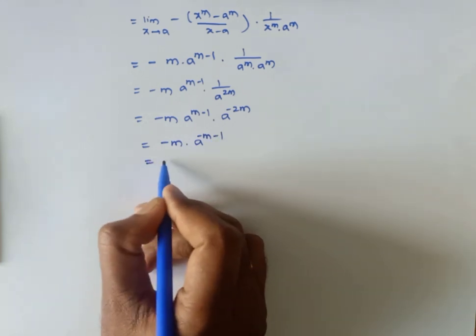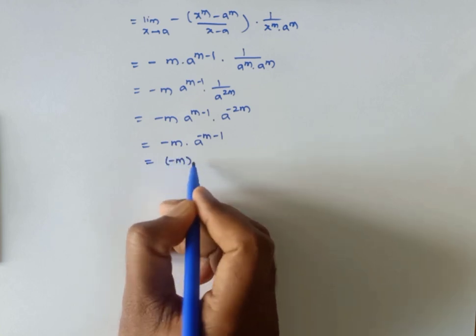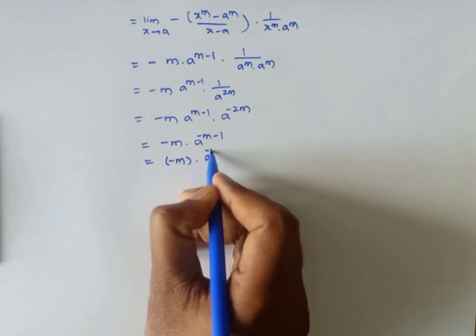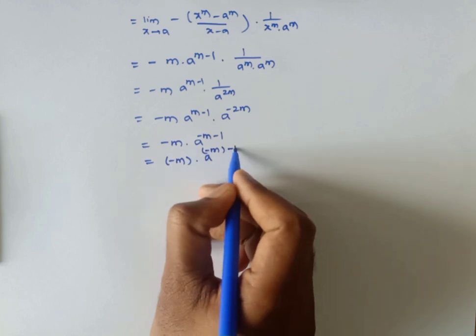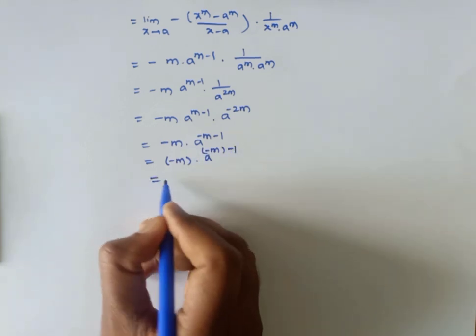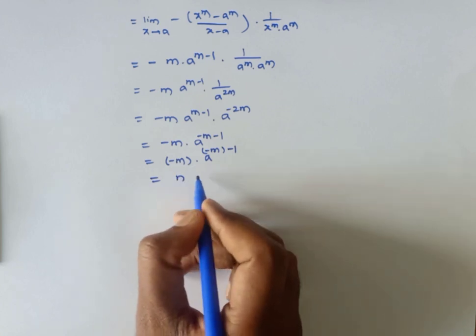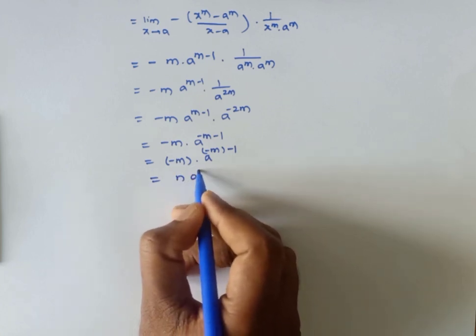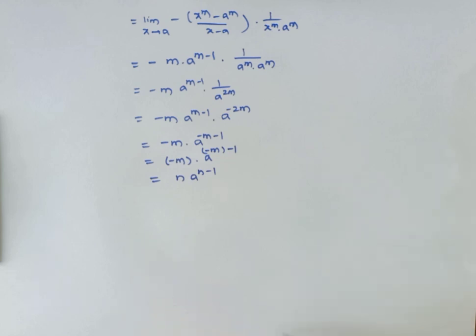So we can write this as minus m into a to the power of minus m minus 1. We already know that minus m is nothing but n, so we can replace minus m with n. Therefore it is n into a to the power of n minus 1, where n is a negative integer.